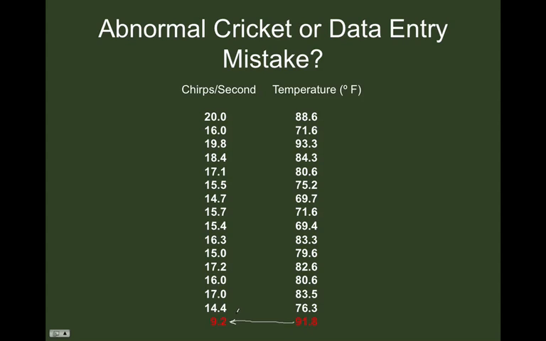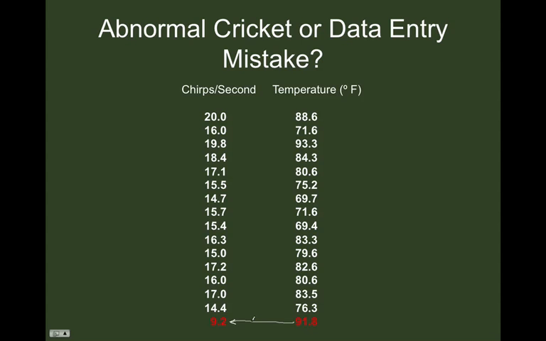That seems like a pretty low number for that high of a temperature when I look at the rest of the data. So we're going to incorporate this particular point into the data set and see what effect it has.